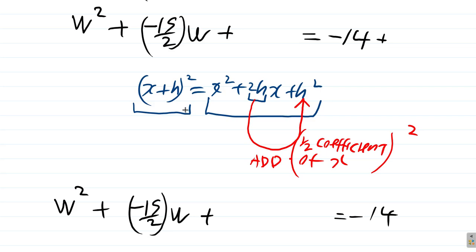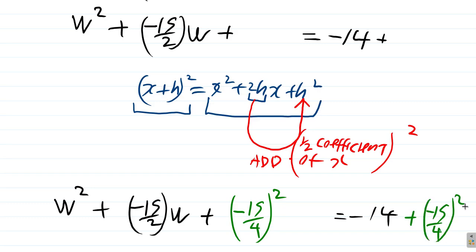Now here, the coefficient of w is negative 15 over 2. What is half of negative 15 over 2? It's negative 15 over 4. So what you're going to add is negative 15 over 4 squared. Half the coefficient of x, squared. Alright? You add it on the left, so you must also add it on the right. Negative 15 over 4 squared.